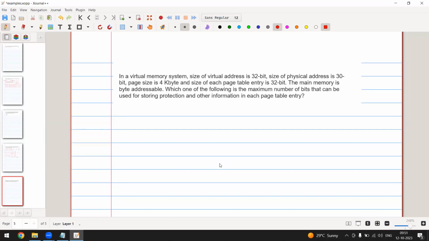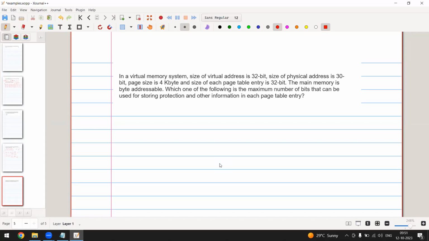Page size is 4 KB, and size of each page table entry is 32 bit. The main memory is byte addressable. Which one of the following is the maximum number of bits that can be used for storing protection and other information in each page table entry.